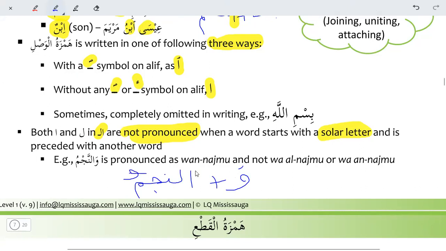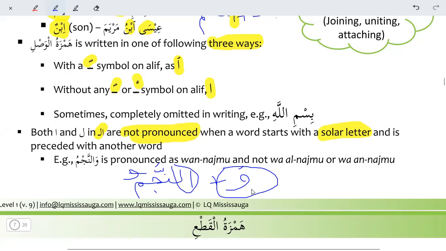So there is a word, there is a harf before this alif lam. And noon is a solar letter.